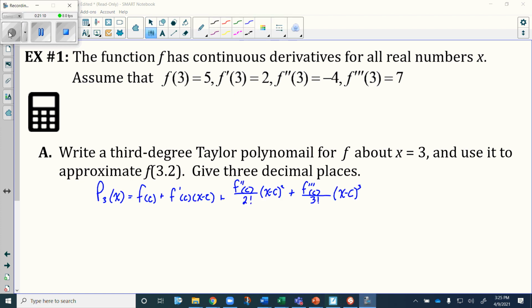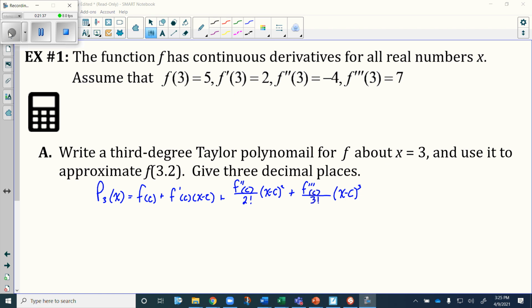Okay, I guess I thought I had this part typed up, but I didn't. This is what we would use for a third degree Taylor polynomial. We would take the general form of the Taylor polynomial and write it out to the third derivative using the information that they gave us. In this case, x is equal to c, or x is equal to 3, so that's really my center.